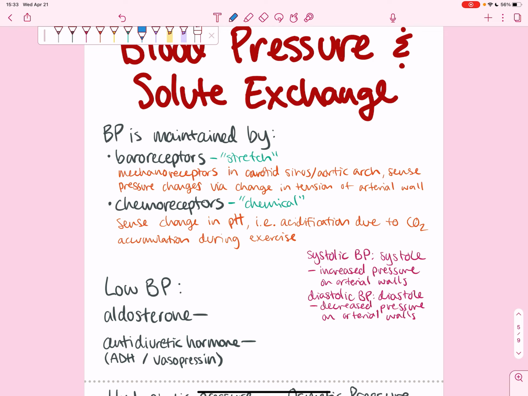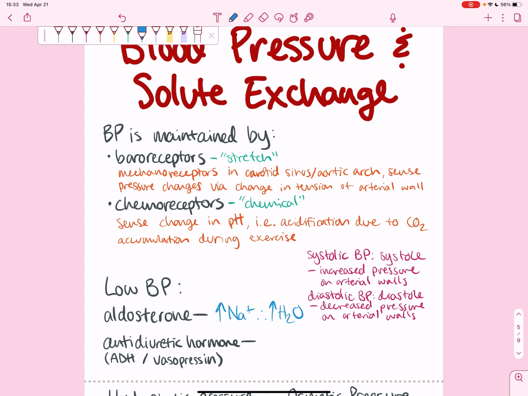Aldosterone works by increasing the amount of sodium retained in the body, and therefore it draws water back into the body, because water will always follow solutes. So therefore increased H2O.